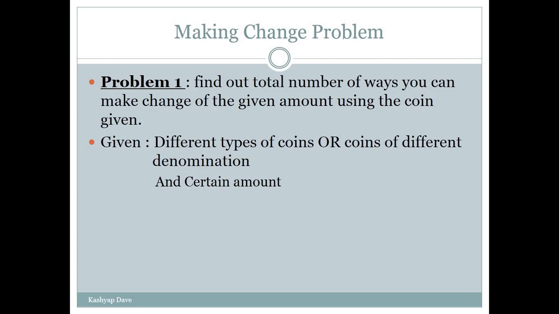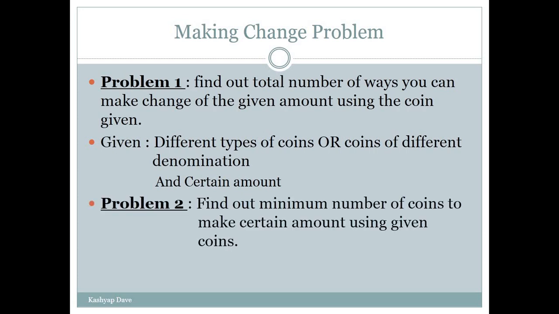For example, if you have 1 rupee coin, 2 rupee coin, 5 rupee coin, and your total amount is 13 rupees, in how many ways can you make that amount using these 1 rupee, 2 rupee, 5 rupee coins? So that is our problem number 1: find the total number of ways to make change of a given amount using the coins given.